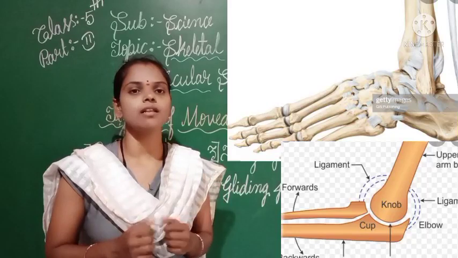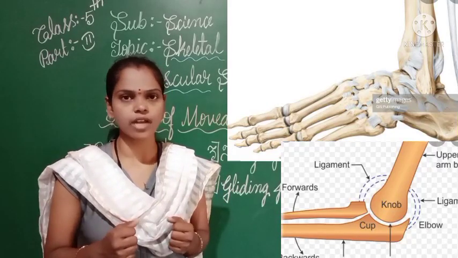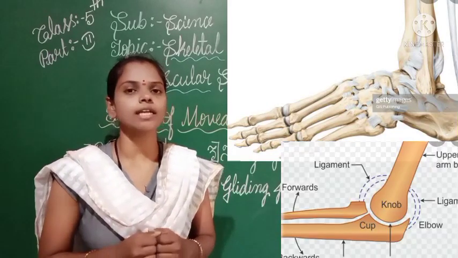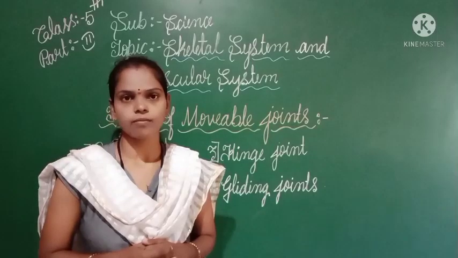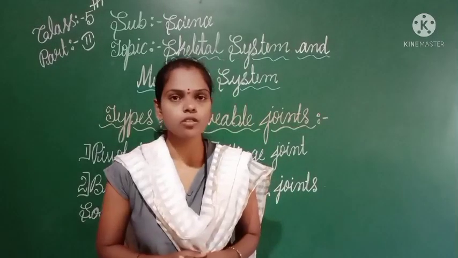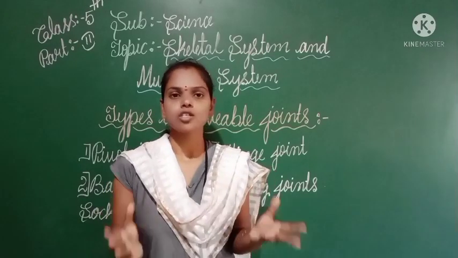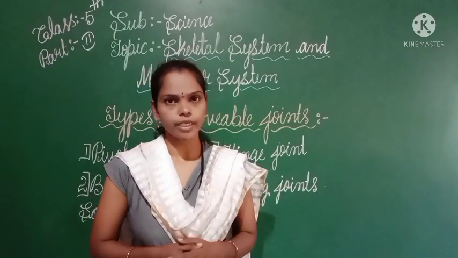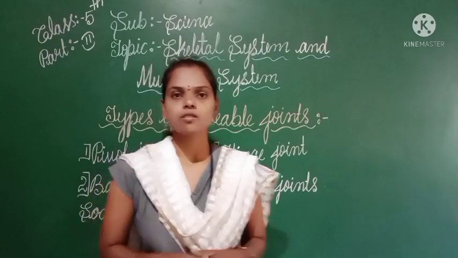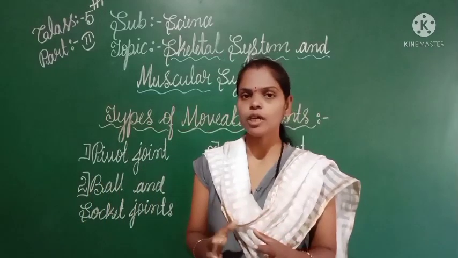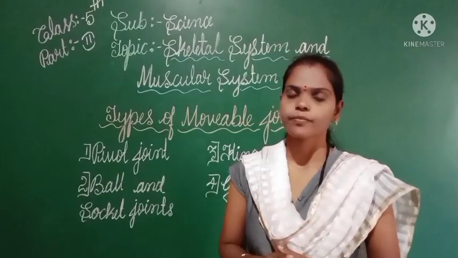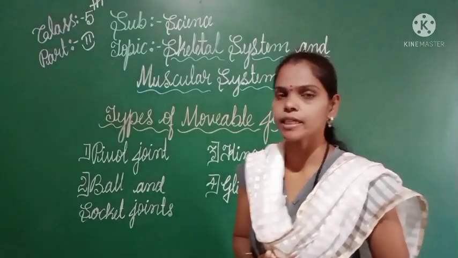For example, fingers and toes, right? They can show movement in only one plane, so they cannot show many movements. Because of that, smaller bones are connected by hinge joints. So dear students, that is about the hinge joint.